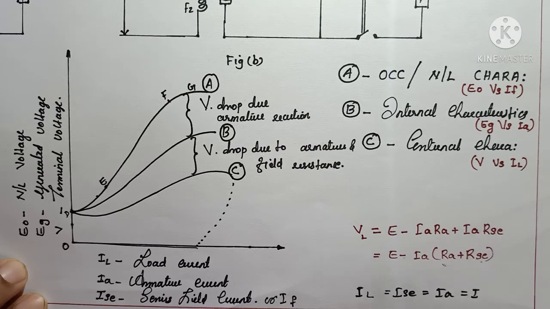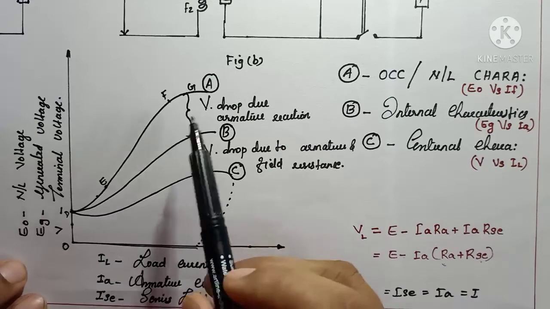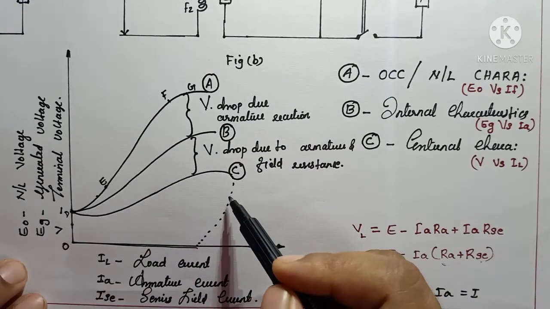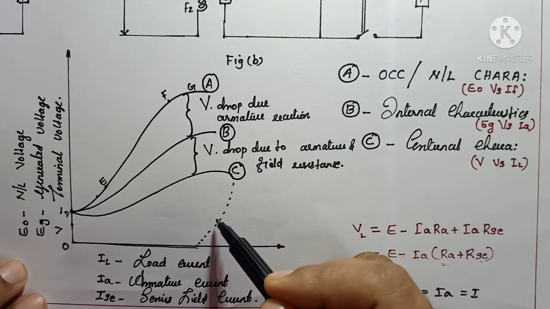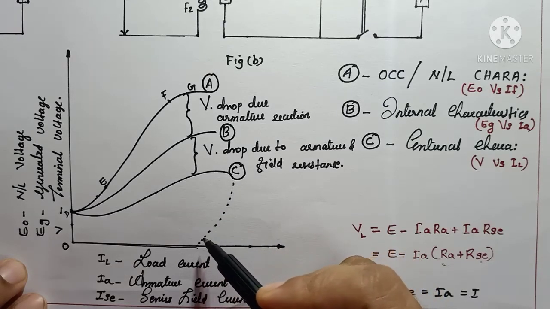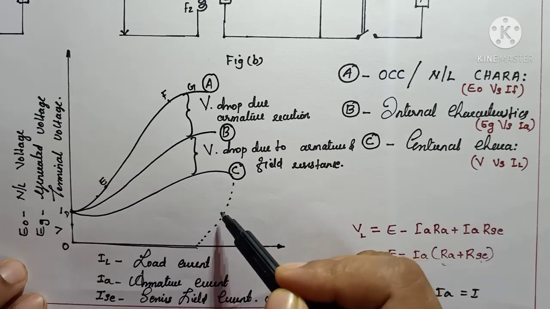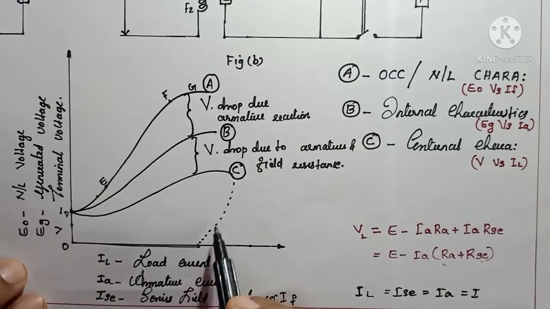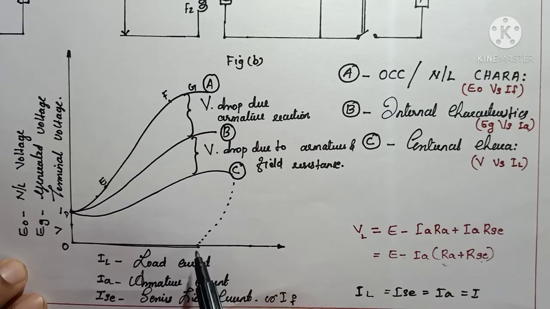Okay, due to this increasing armature reaction, what will happen? The terminal voltage will drop, and at a particular moment it will reach zero. Why?